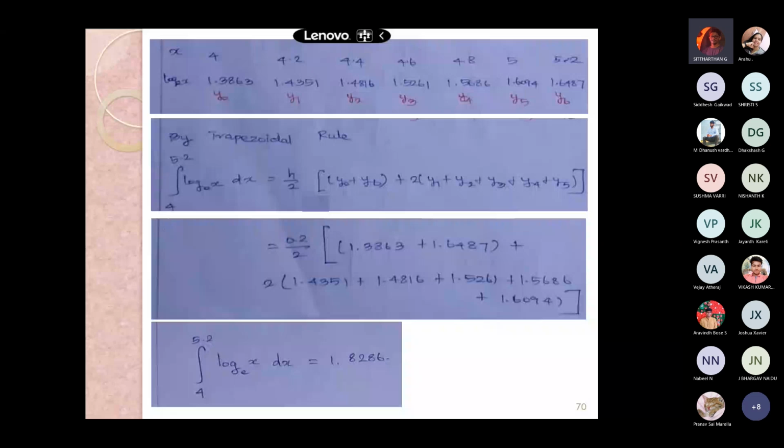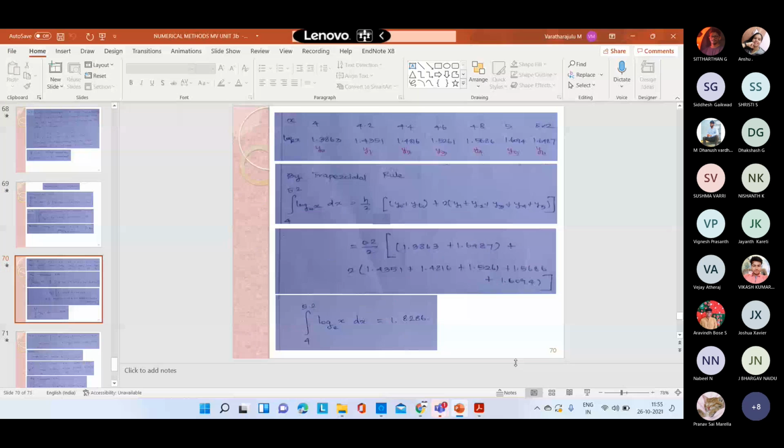You don't have any idea. Okay, I'll tell you. In order to get the result for this particular problem, let me convert this limit as 2 to 5.